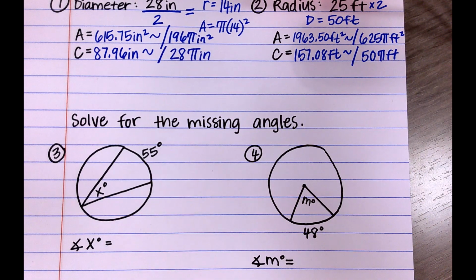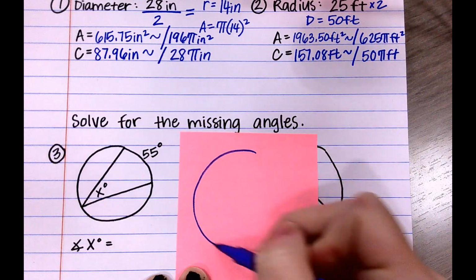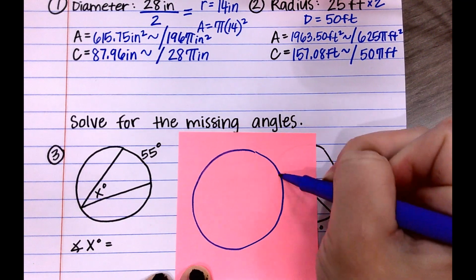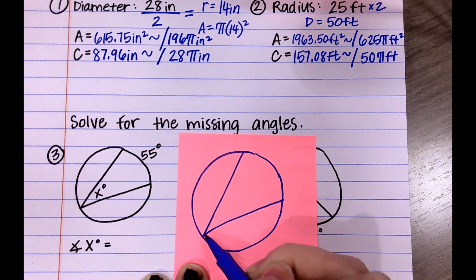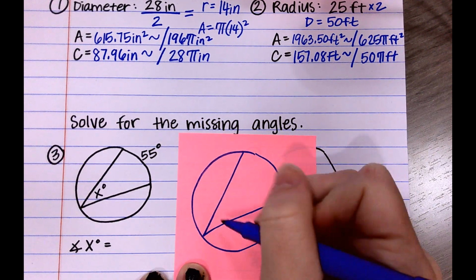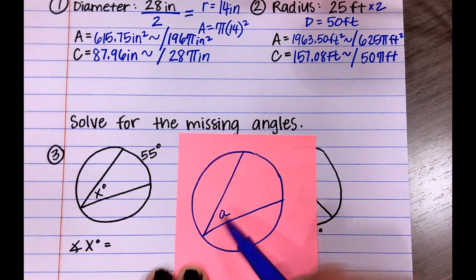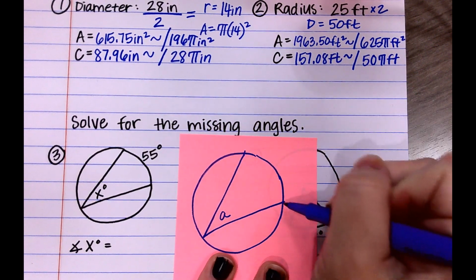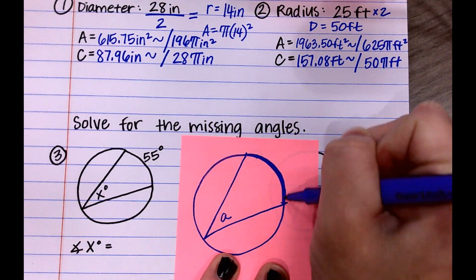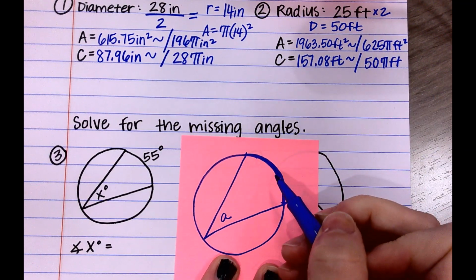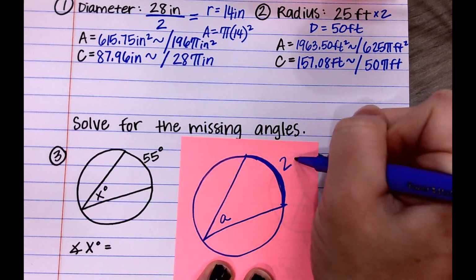So if we remember with inscribed angles, that's whenever we have an angle that goes all the way to one end of a circle on the inside, and we could call that angle A. The arc of the circle is measured in degrees as well, and its relation to that angle would be 2A.